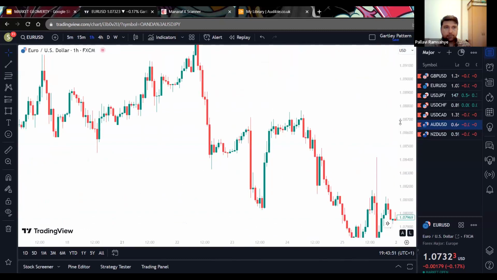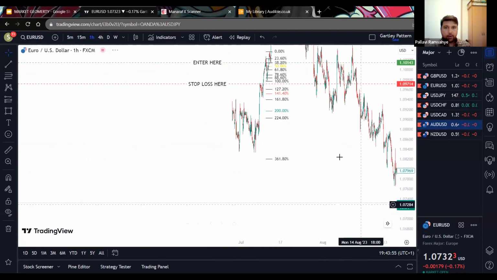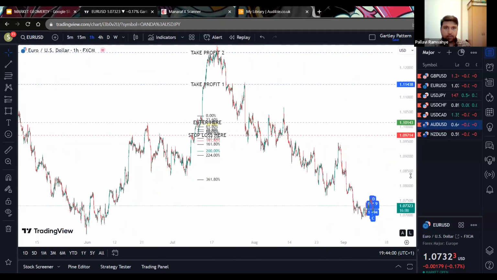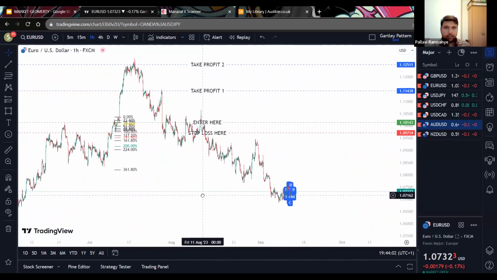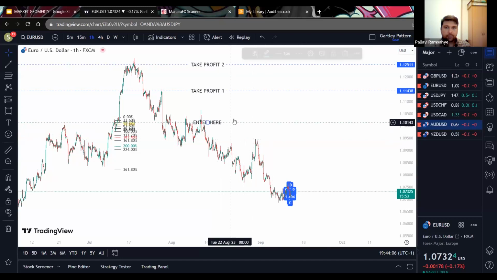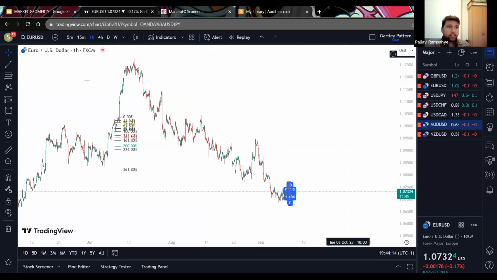Let's take, for example, because we're on EURUSD, it's been in a downward trend for quite a while, actually. You can see here. You can see this point here. So let me just delete all of this. You can see here, look how long EURUSD has been falling for.